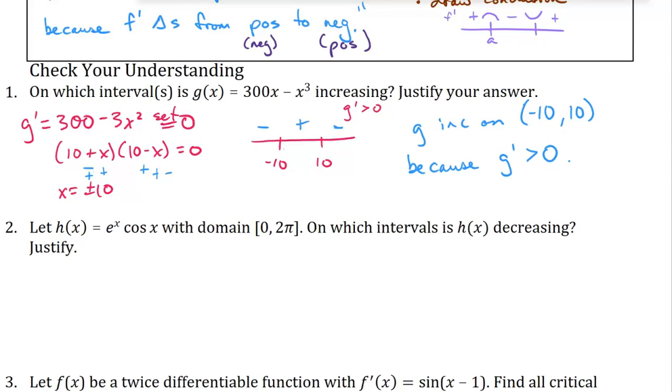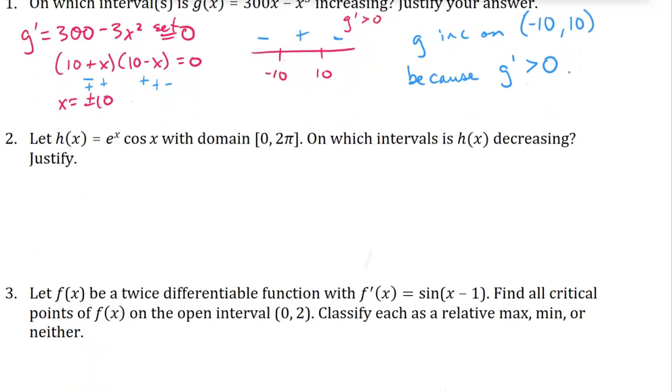If you want to write this with a closed interval, that is fine as long as the function exists at both endpoints. For increasing and decreasing, you can use open or closed intervals. I prefer to write my intervals as open because for concavity, I need to use open intervals, and so I avoid using the wrong kind of endpoints if I just always do open intervals.